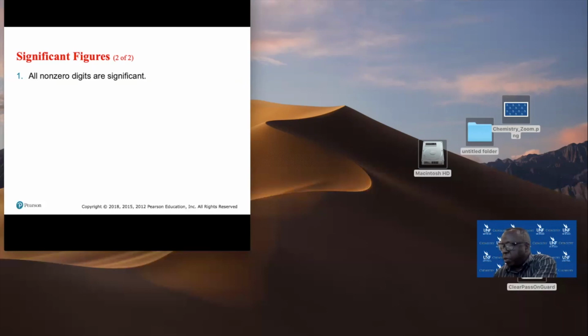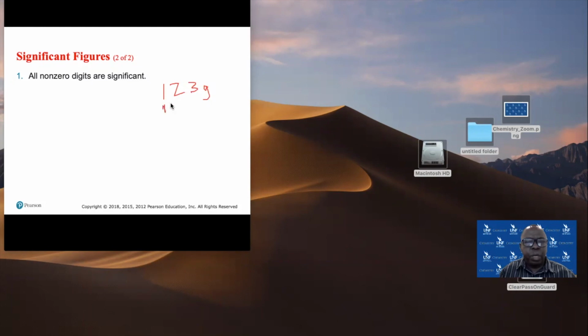So if I do have a number such as 1, 2, 3, maybe I can put a unit here to be a measurement. All these, 1, 2, and 3, we start counting from here.